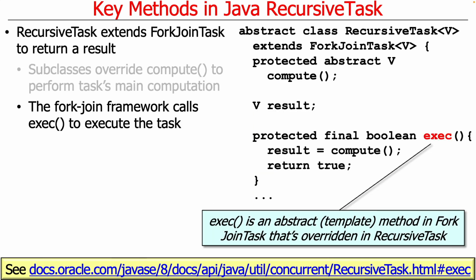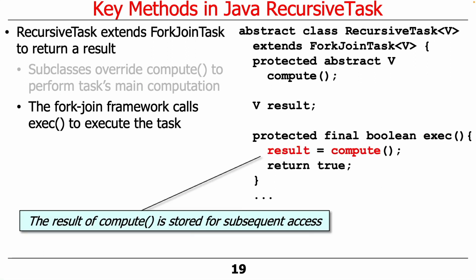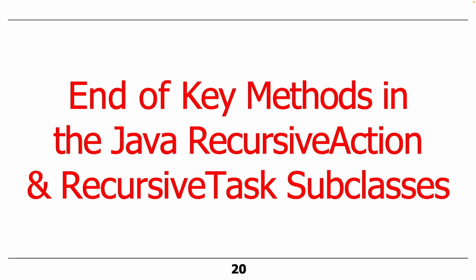Once again, there's an exec method, which is going to be called by the framework. The difference, of course, is that in this case, compute is called, and that will go ahead and stash the result here, which gets stored up here, and this will be passed back in a different way. So that's the way in which the RecursiveAction and RecursiveTask subtasks are structured.